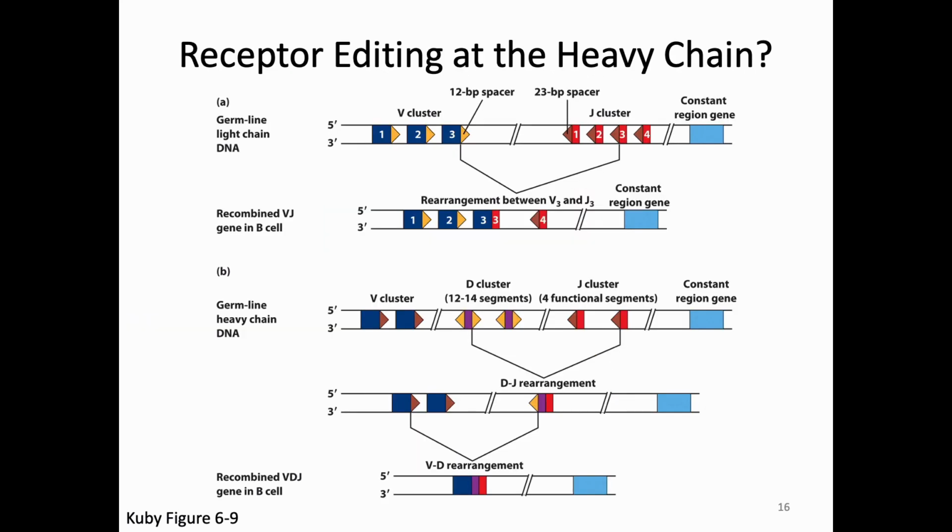And so here you can see an image from your textbook that lets us think about receptor editing at the heavy chain, and why receptor editing at the heavy chain does not happen. So take a look at this example of heavy chain rearrangement. These are the steps that the pro B cell is doing. Why is it that once we've gotten past this point, we can't go back and receptor edit heavy chain?